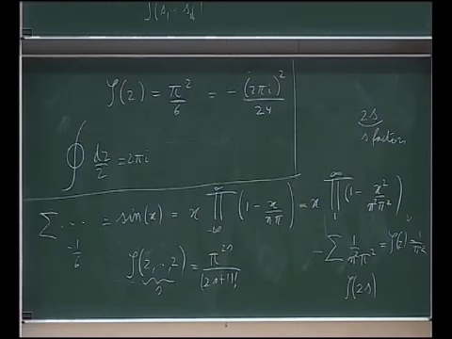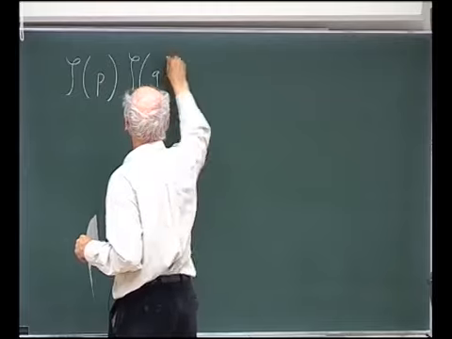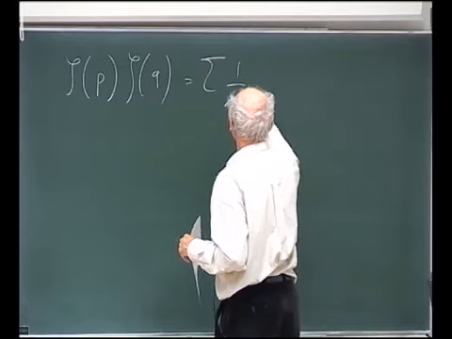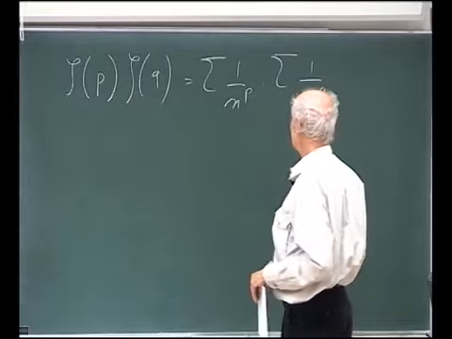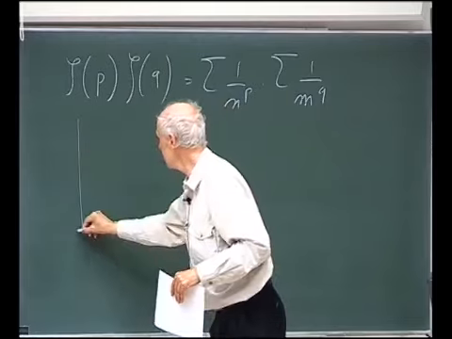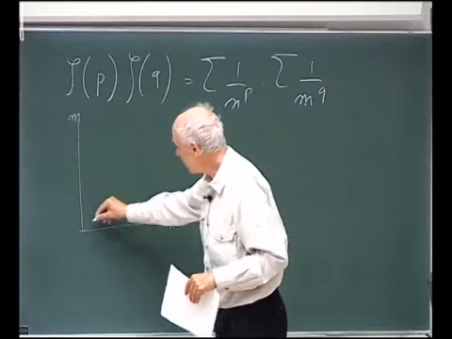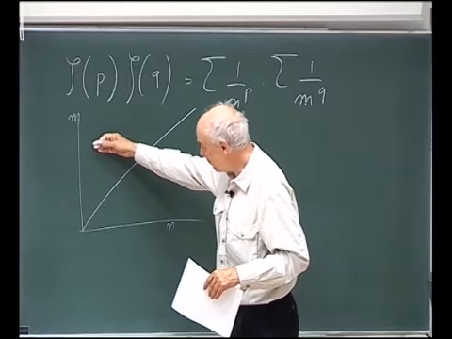Okay, so the situation is you have a lot of tricks to obtain identities between such multi-zeta values. I will give one other which is interesting. Consider a product zeta p times zeta q. So that's the summation of 1 over n to the p times the summation of 1 over m to the q. So you sum over integers n and m.